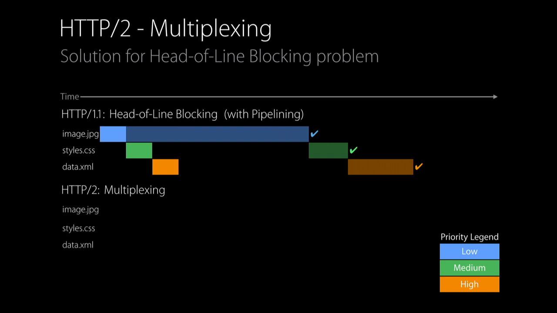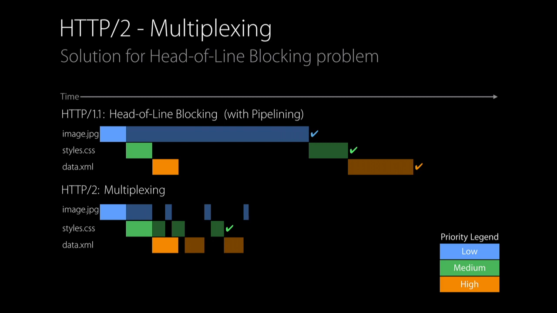With HTTP 2, we have the same 3 requests with different priorities. We still can send out all requests at the beginning, but we're receiving all responses at the same time. Moreover, the requests with a higher priority are getting delivered faster to the client.